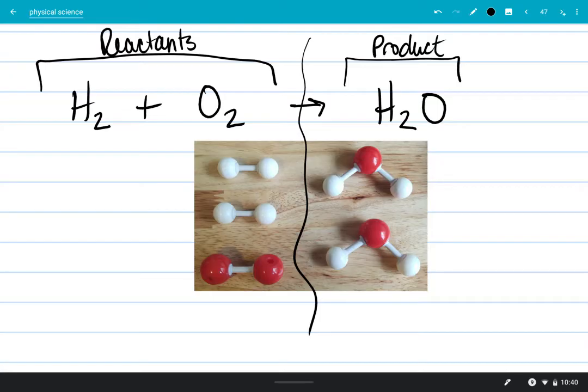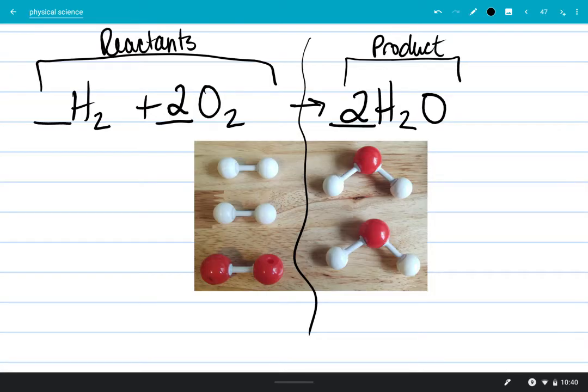And it didn't work with just one of those, because we didn't have those. So we had to have a second molecule of oxygen in order to make two full molecules of water. When we do this process, it's called balancing a chemical equation.